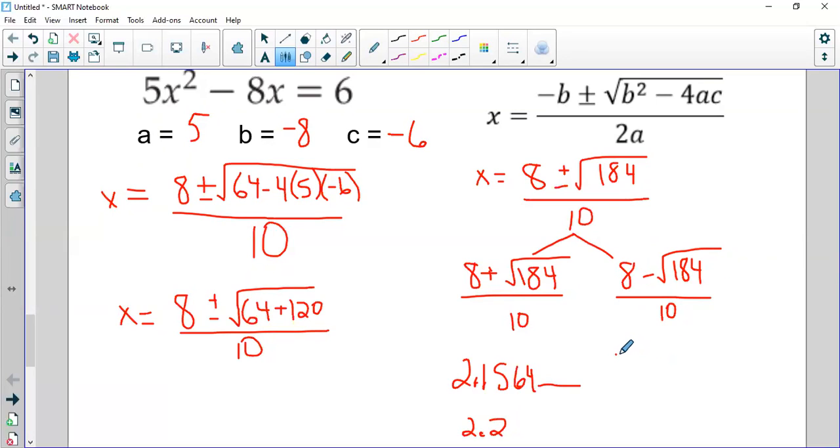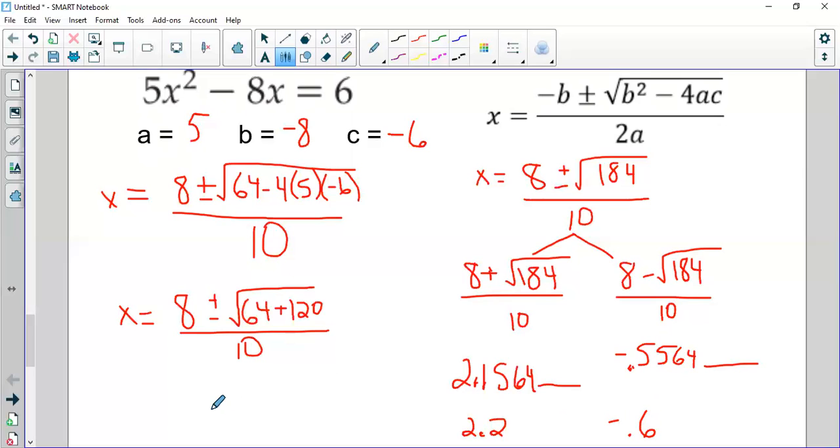So I get negative 0.5564, and then more. I'm going to round this to the tenths place again, so I'm going to cut it off here. This 5 gets rounded up because of that 5 to become negative 0.6.